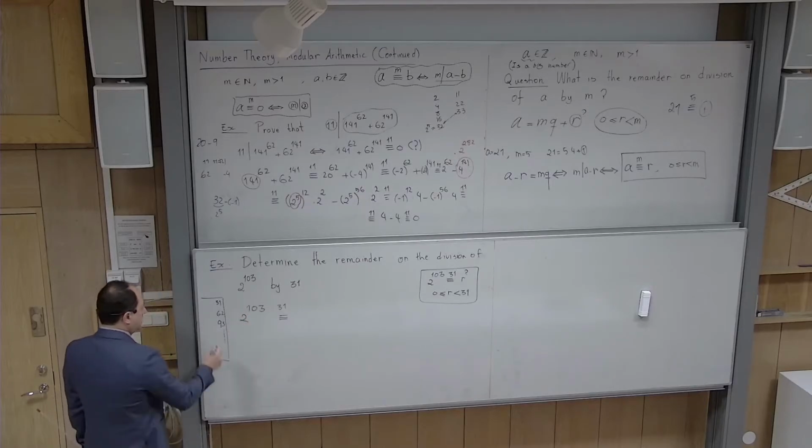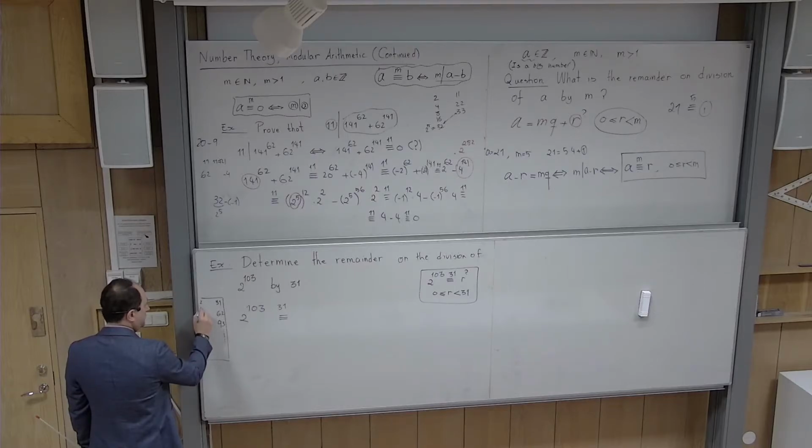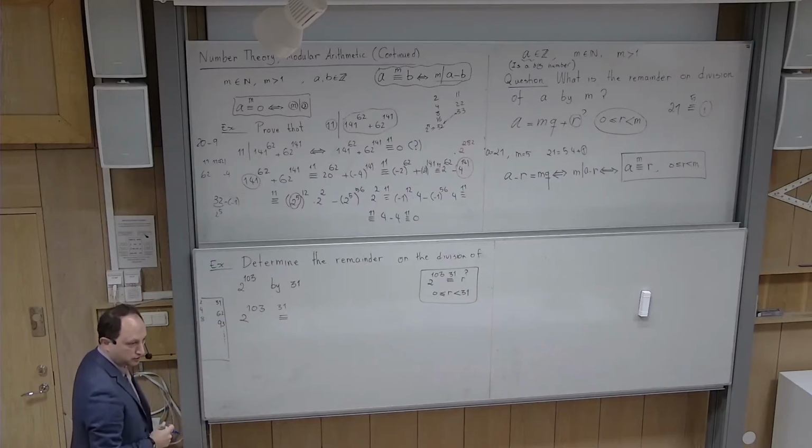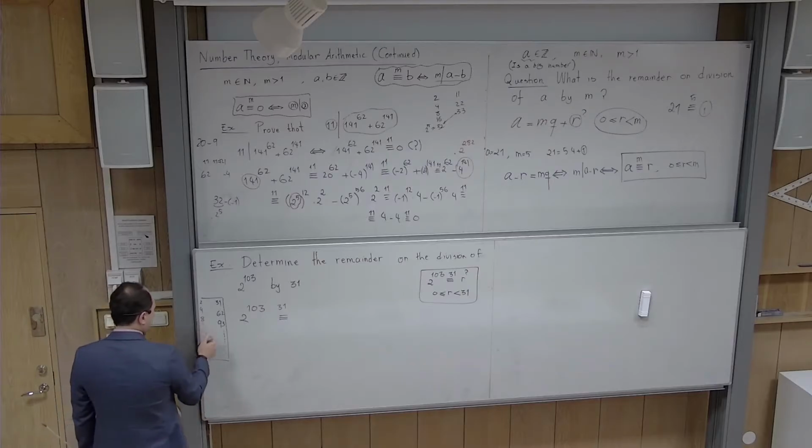Okay? So what can I do? I can write 2 to power 1, which is 2, and then 2 to power 2, 4, 8, and then try to seek the ideal situation that I have a difference of 1 or 0. Okay? So 8, and then 16, and then 32, and that is your case, yes?